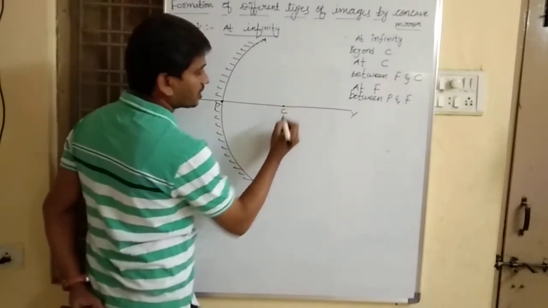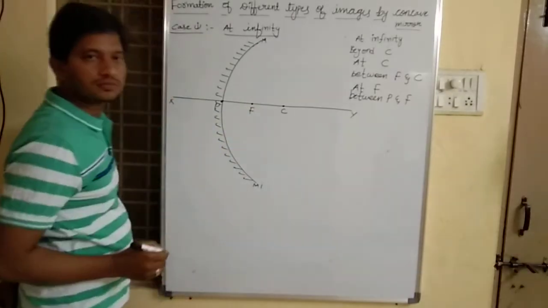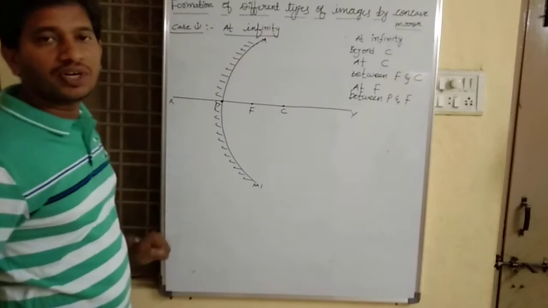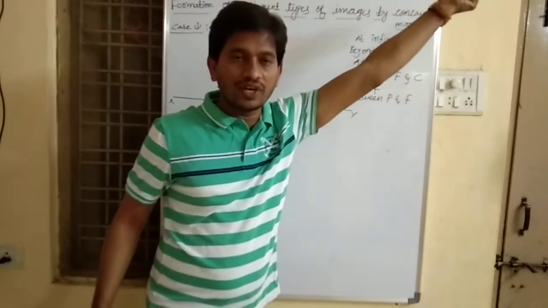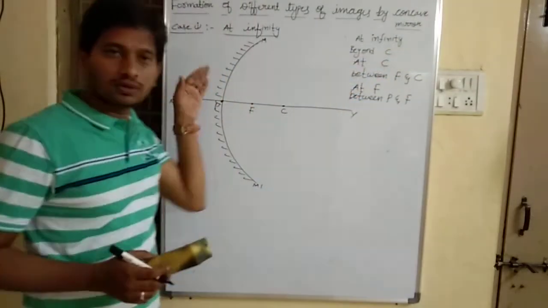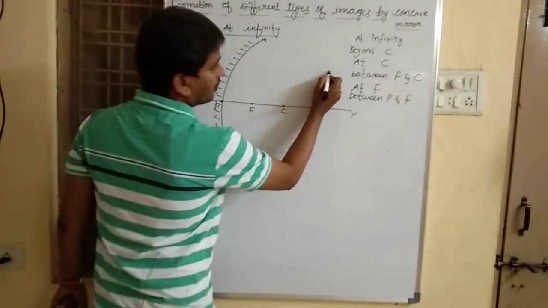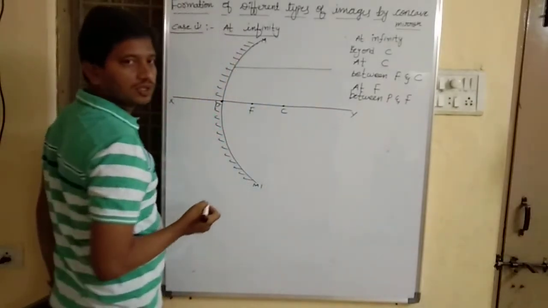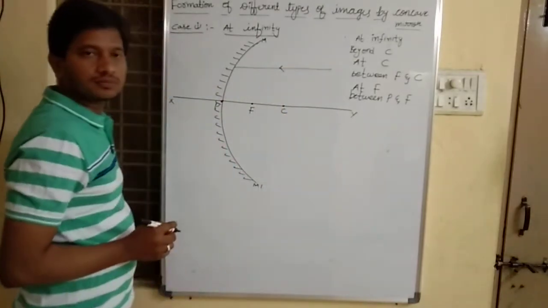This is the center of curvature, and this is our focus. Where is the object? The object is at infinity. The source is somewhere at infinity, and the rays are coming from the source. The first ray is parallel to the principal axis.